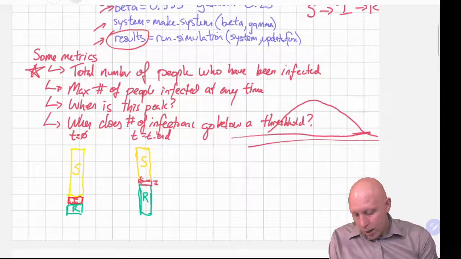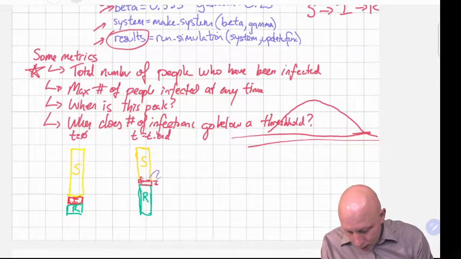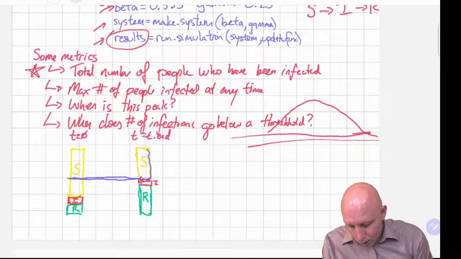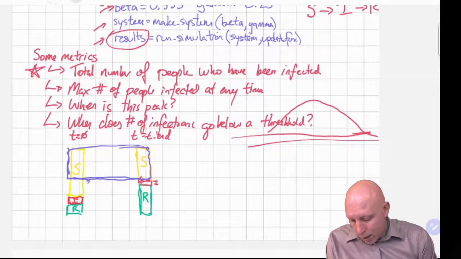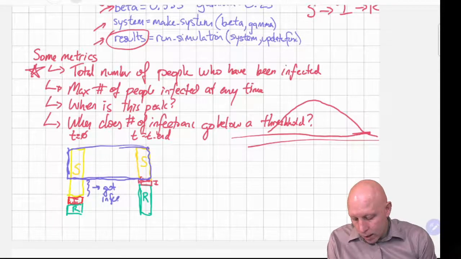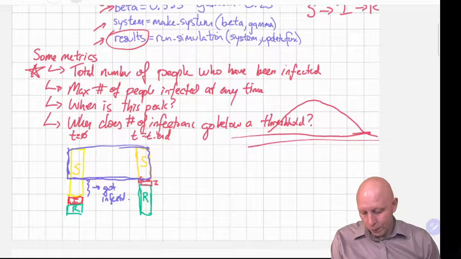So how can we measure this? Well, what we're going to do is say there's some number of people here who started off susceptible and stayed susceptible, and everybody else here got infected and eventually recovered.